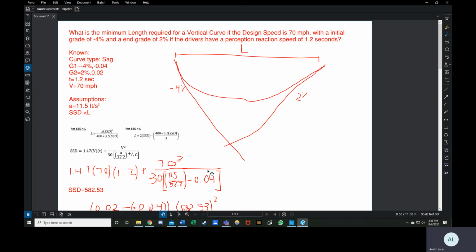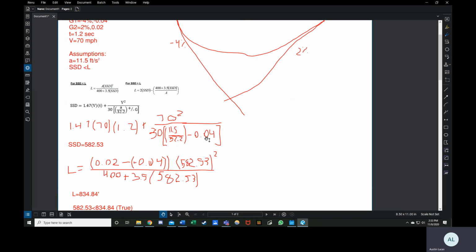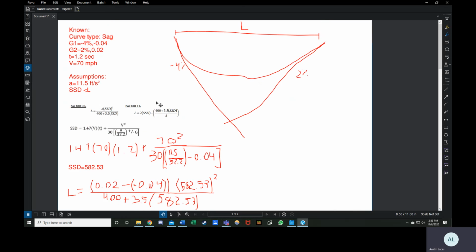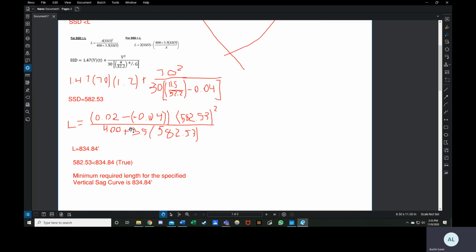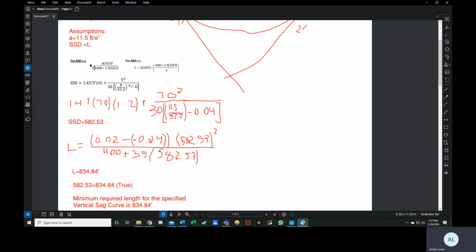So I always assume the worst case, which in this case is that 4%, and make sure to convert it to decimal. We're given it in percentage, so we need it in decimal for this equation. The SSD comes out to be 582.53.